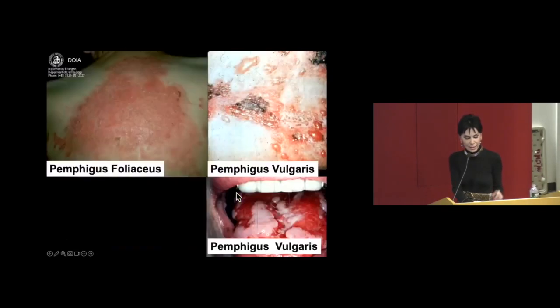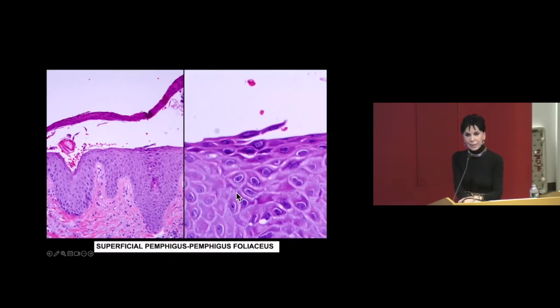So what do we see in this superficial form of pemphigus, so-called pemphigus foliaceus? Well, the essence of pemphigus is an acantholytic dermatosis. So unlike bullous pemphigoid, where the integrity of the basement membrane zone is compromised by antibodies targeting the basement membrane zone, in pemphigus, the antibodies are targeting the intercellular junction that keep the keratinocytes together.